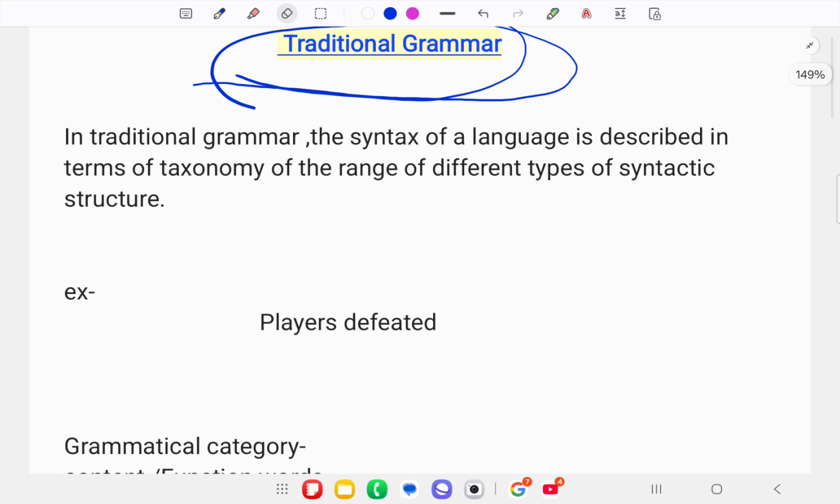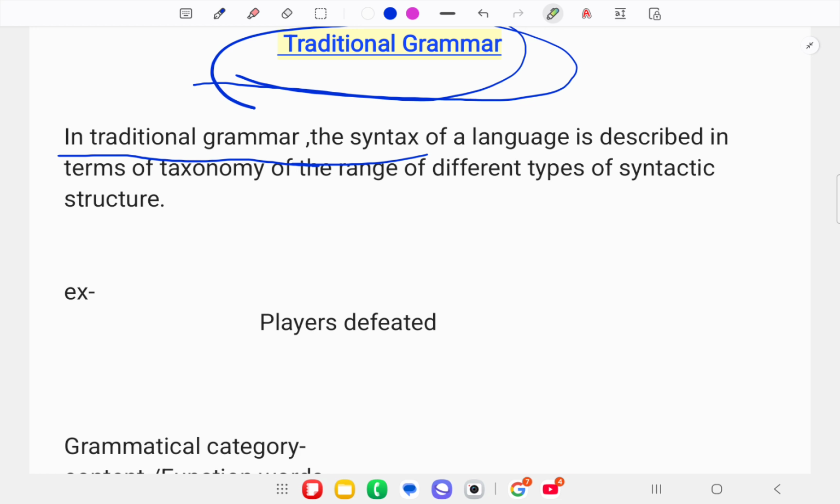So here we can see the definition: in traditional grammar, the syntax of a language is described in terms of a taxonomy of the range of different types of syntactic structure. What does this mean?